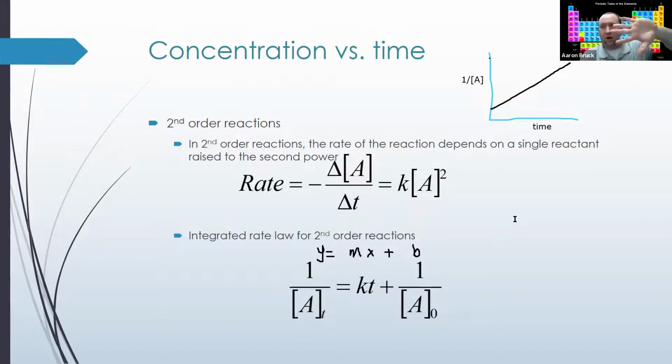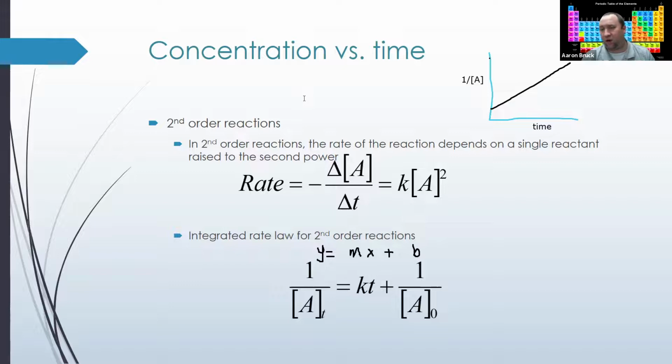So we are taking the reciprocal of the concentration. As a result of flipping that fraction, instead of the slope being negative and decreasing, the slope is going to be increasing as that concentration gets smaller and smaller. But it lines up exactly the same way: Y for 1 over A, K for the slope, T for X, 1 over the initial concentration for B. And again, it's always about that linearity.